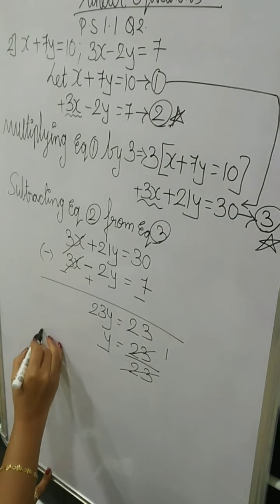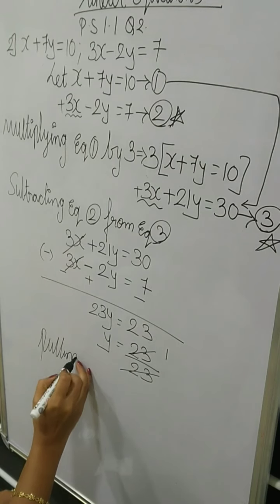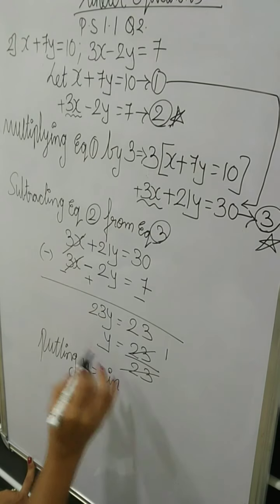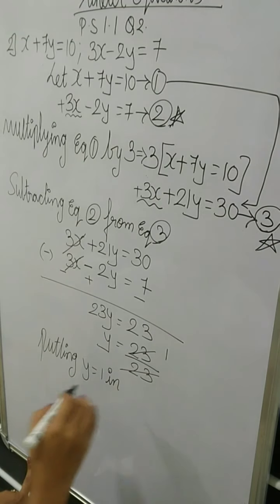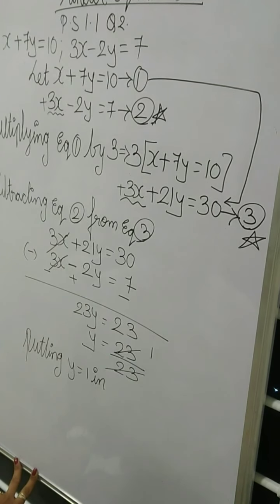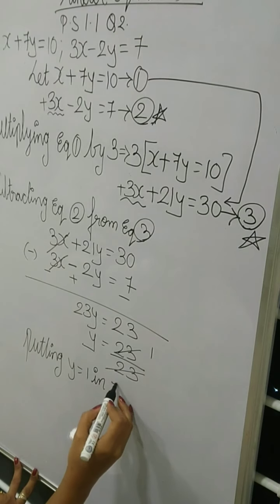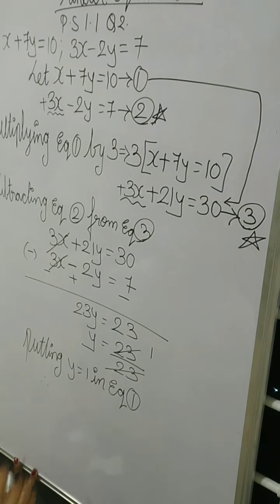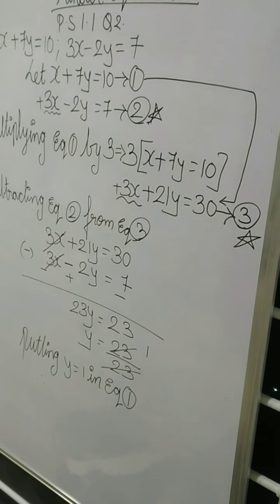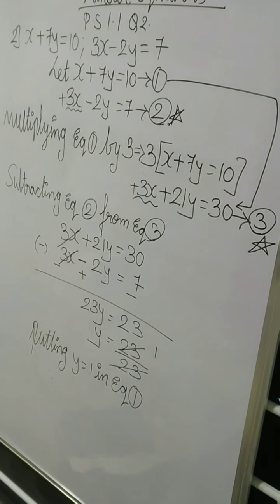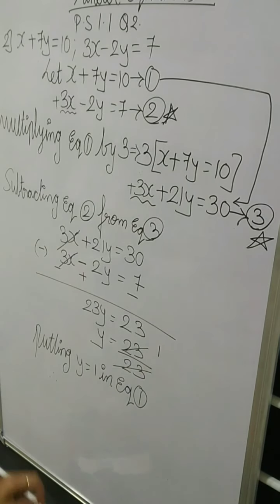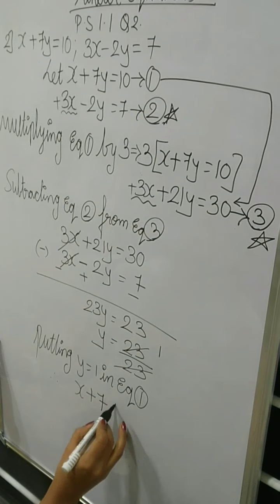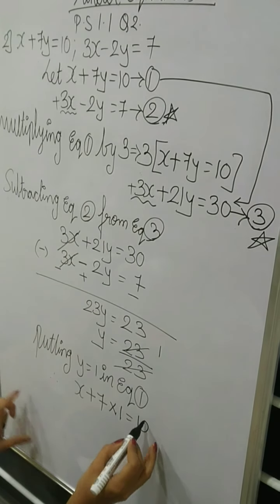Then simply putting y is equal to 1 in either of the equations. So I'll go for equation 1. Putting y is equal to 1 in equation 1, what do we get? x plus 7 into 1 is equal to 10.